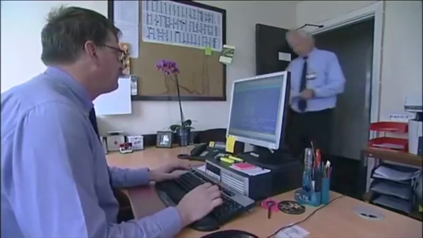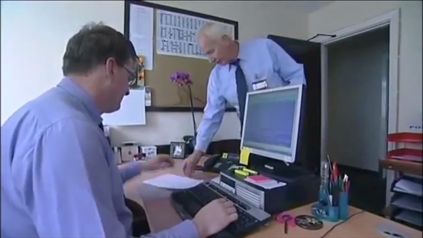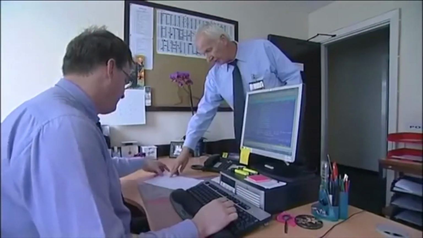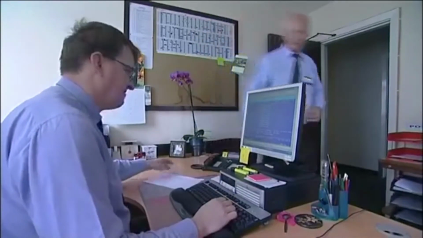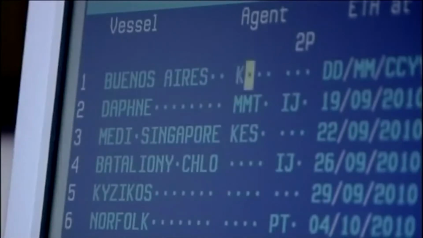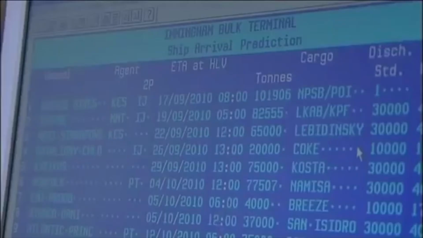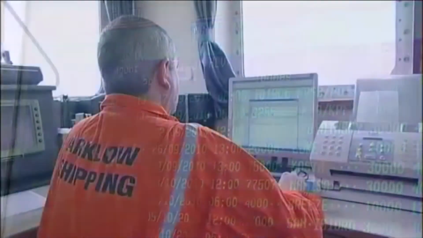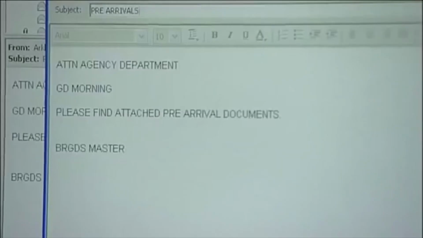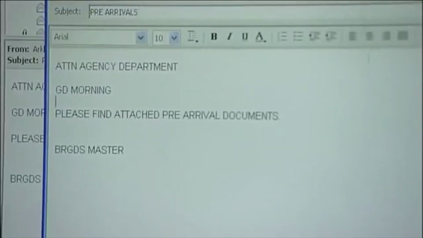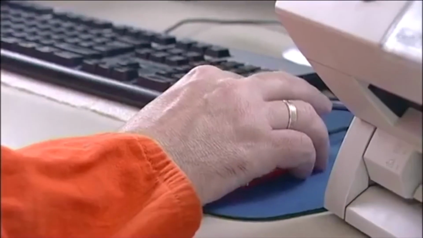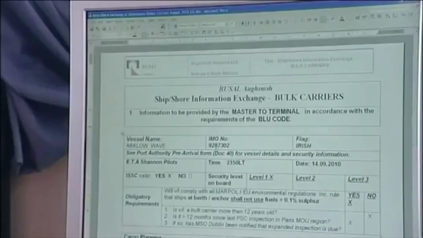Therefore, a two-way information exchange between ship and shore must take place prior to arrival. This is to ensure the upcoming cargo operations are conducted safely and within the operational limits of both vessel and terminal. This information exchange should be laid out as specified by the Blue Code and must be clear, understood, and agreed by both parties.